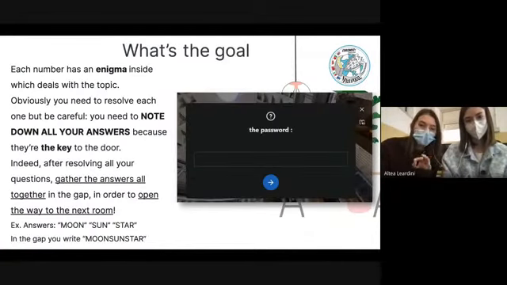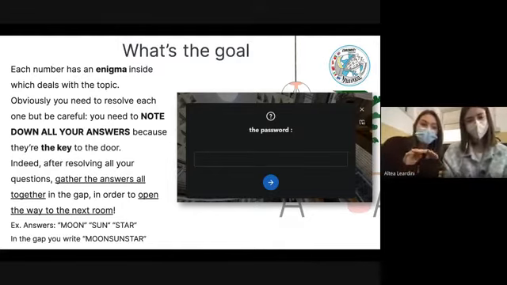But what's the goal? Each number has an enigma inside, which deals with the topic. Obviously, you need to resolve each one, but be careful. You need to note down all your answers, because they're the key to the door.